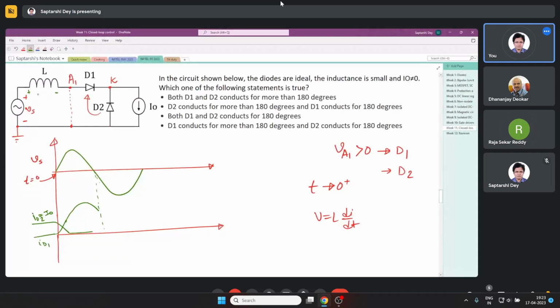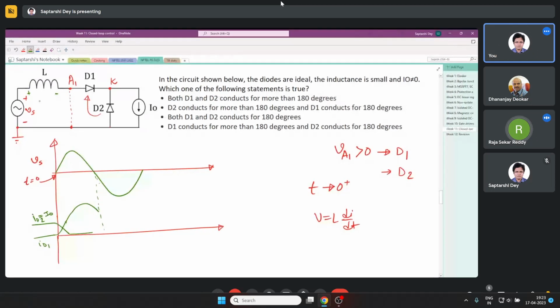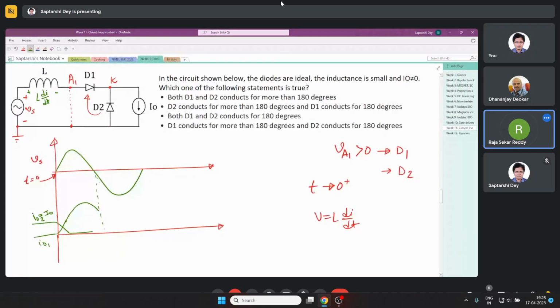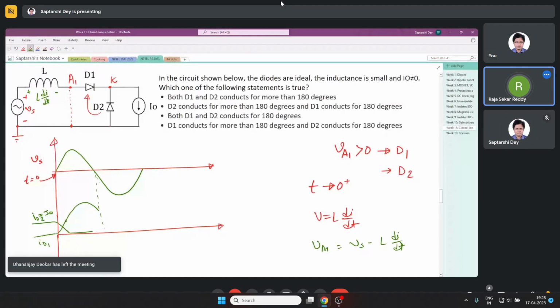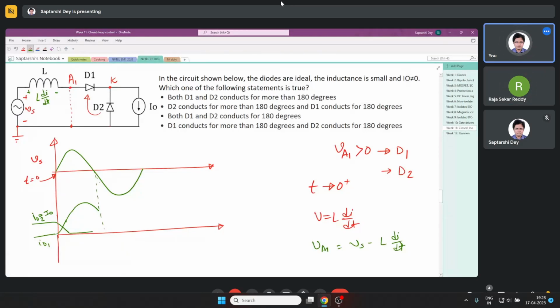So the source voltage is not the anode voltage of this diode. We have to consider this L di dt also. The inductor will discharge, but it will keep conducting, at least for some time.